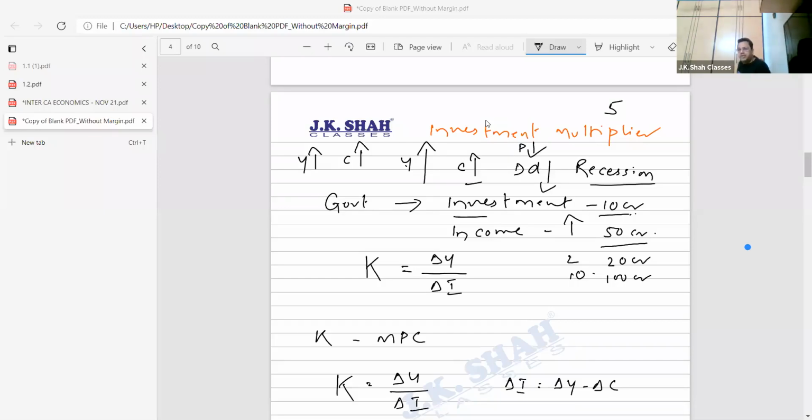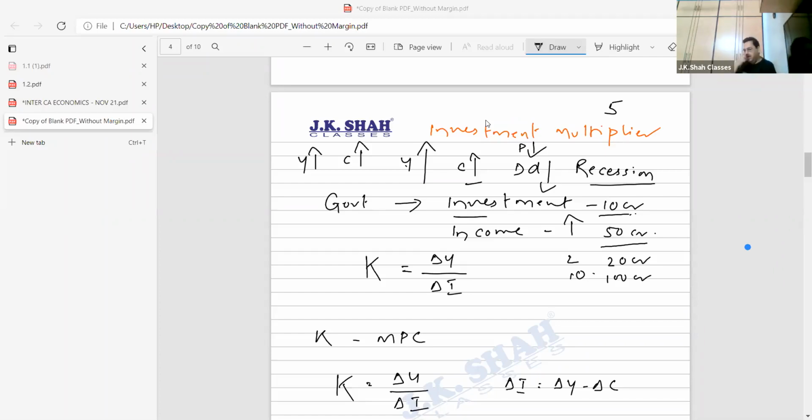This deflation may lead to recession. Now, be very clear: when I say deflation, I mean prices will fall. And when I say recession, I mean economic activities will start falling.